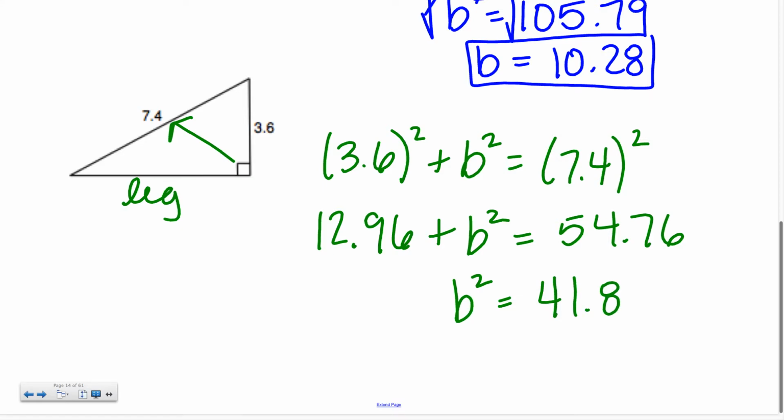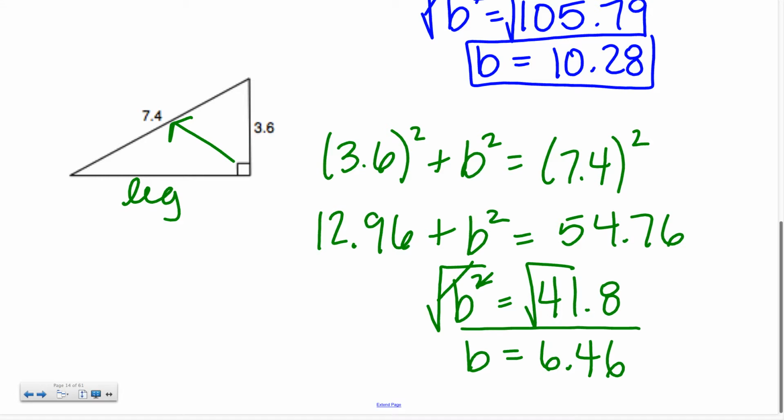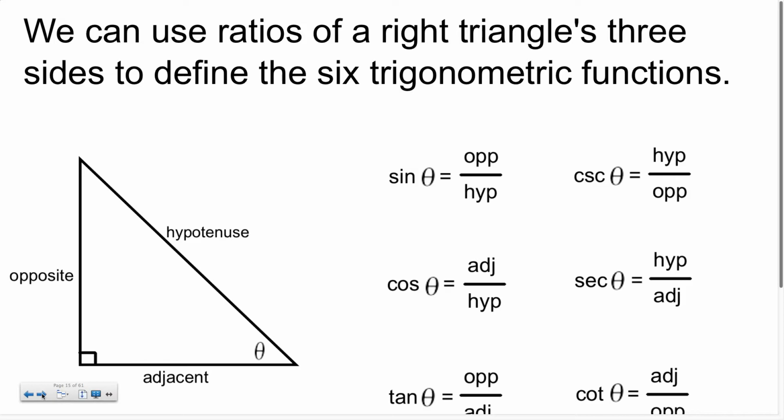To get b really by itself, I'm going to take the square root. And I get that as my missing leg. Okay, so all of Pythagorean theorem review to get ready to do this part. The ratios of right triangles to actually define those functions, those trig functions.